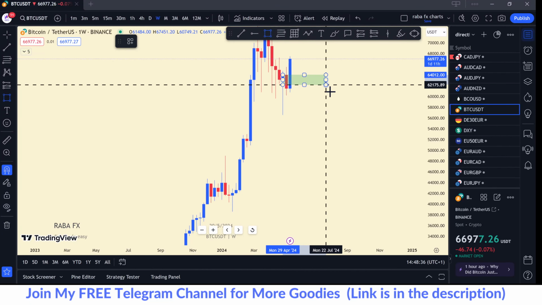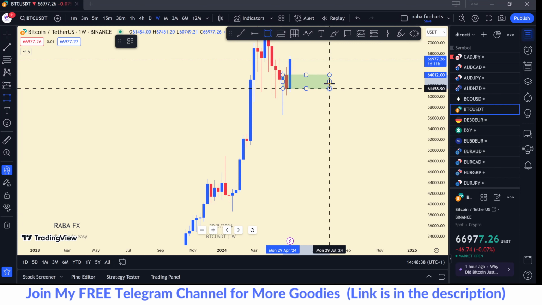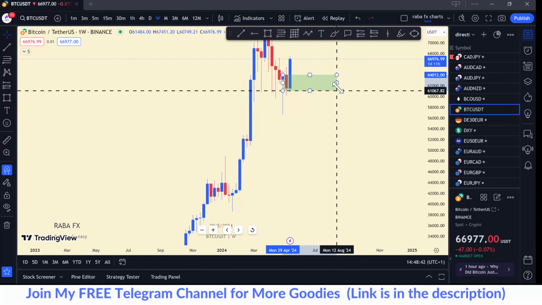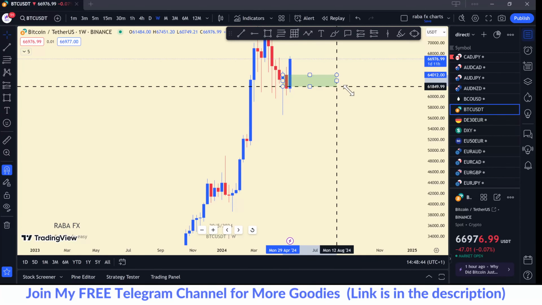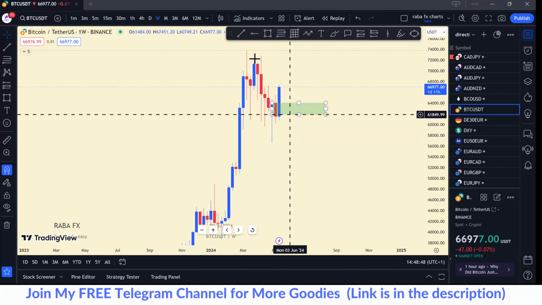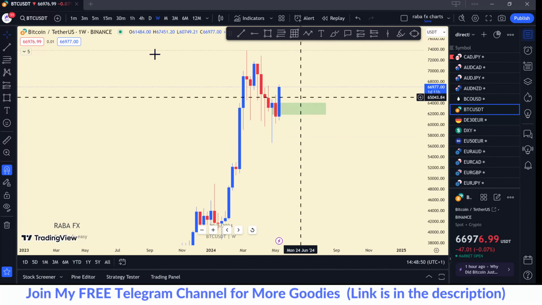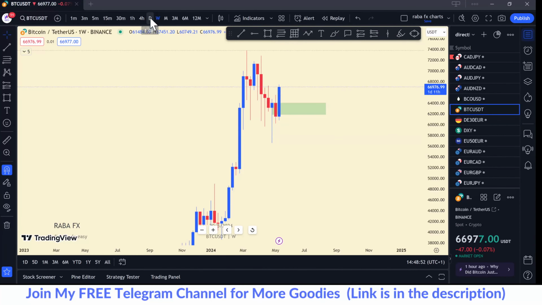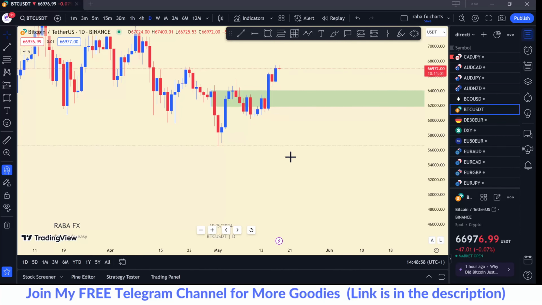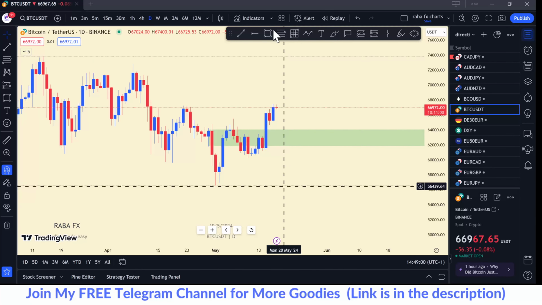So for re-entry, I want to see price go straight back into this zone. For the weekly, it might not be possible, so we're going to look at the daily for that. On the daily, yes, we have something good.